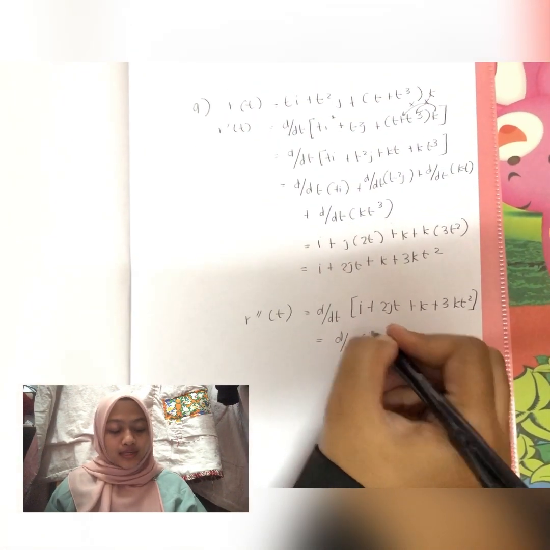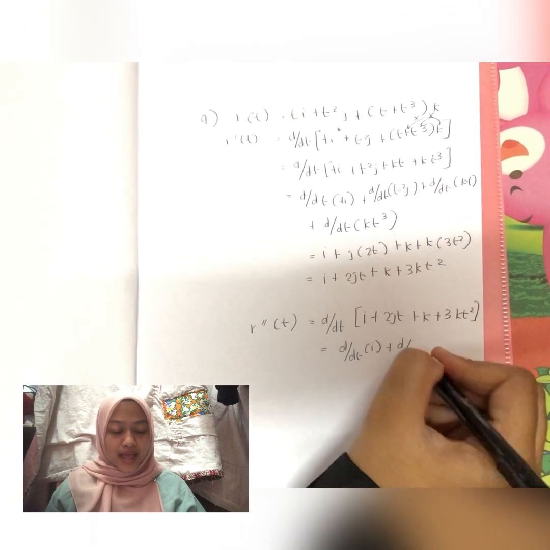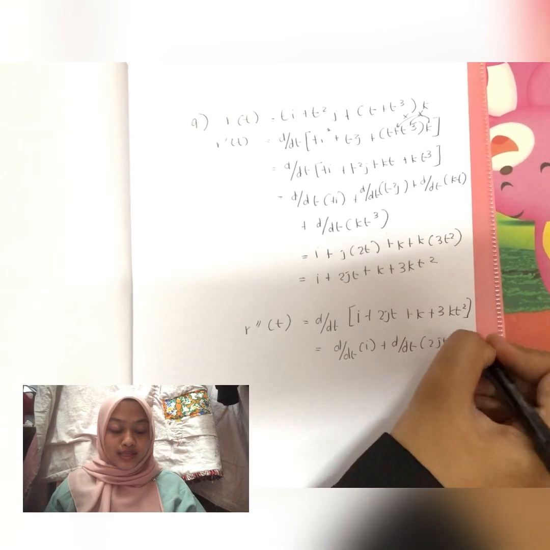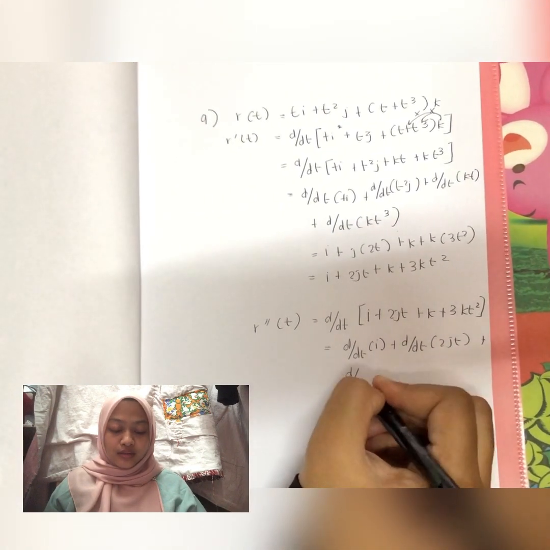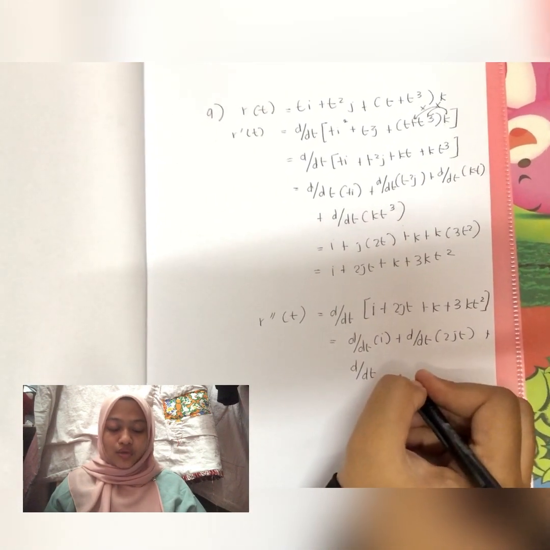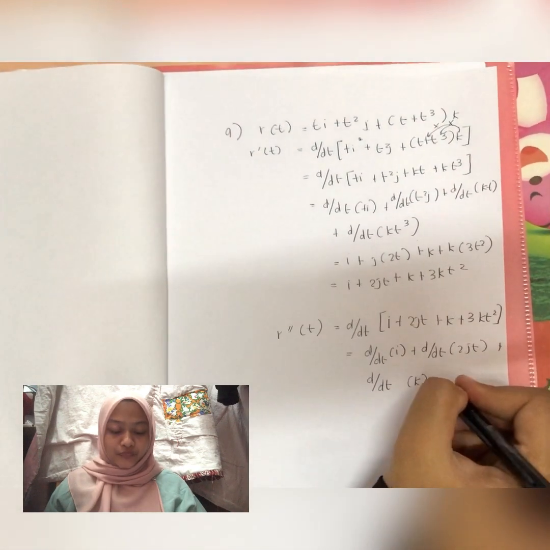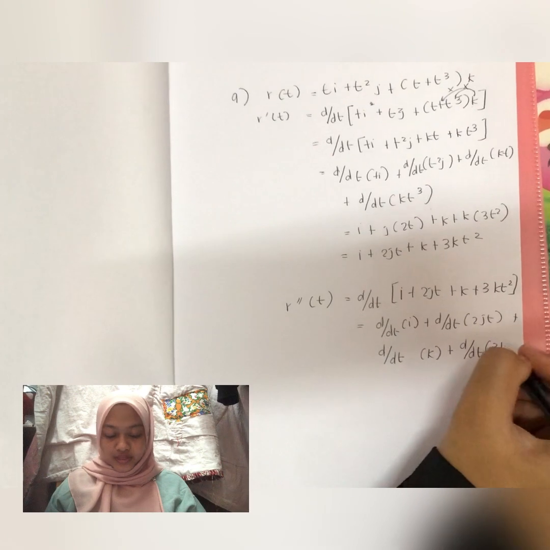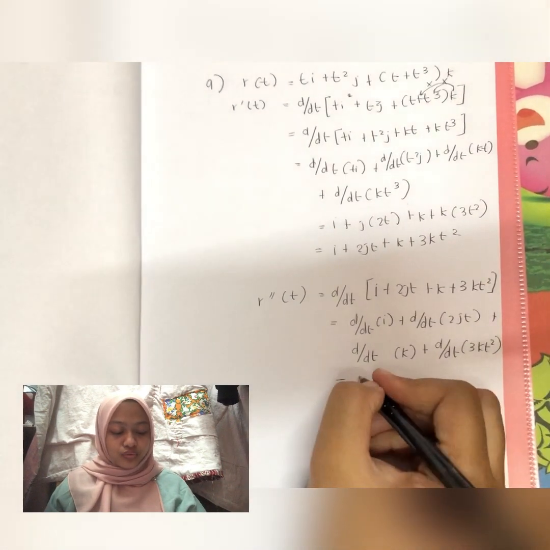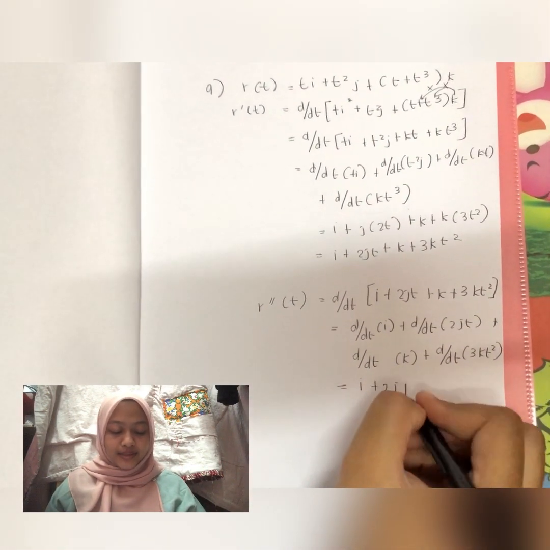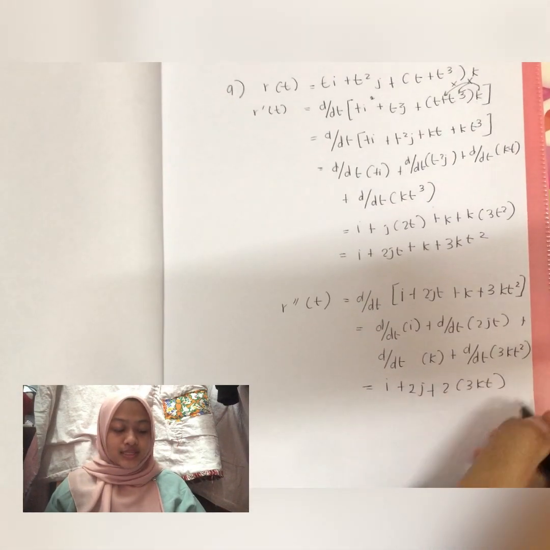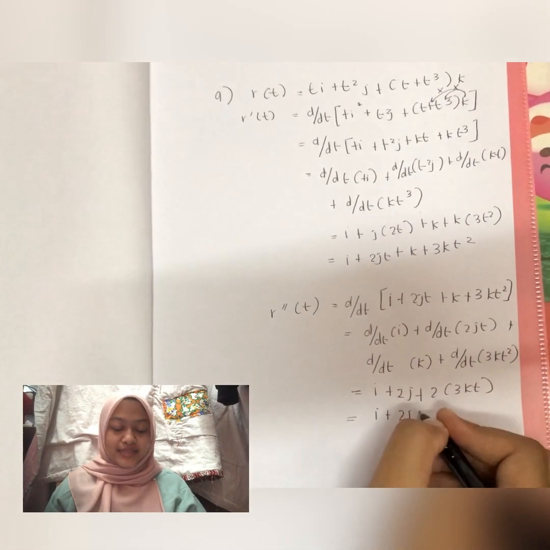So we write d over dt of i, plus d over dt of 2jt, plus d over dt of k, plus d over dt of 3kt squared. Next, find the derivative: 0 plus 2j plus 0 plus 6kt. So the solution is 2j plus 6kt.